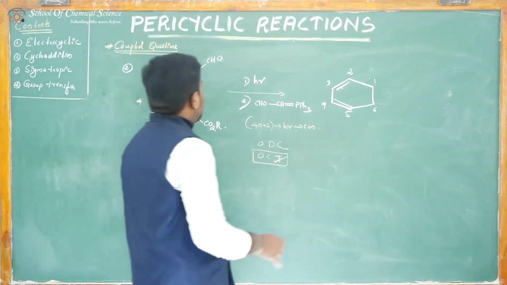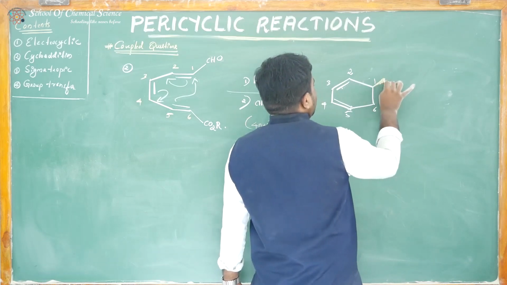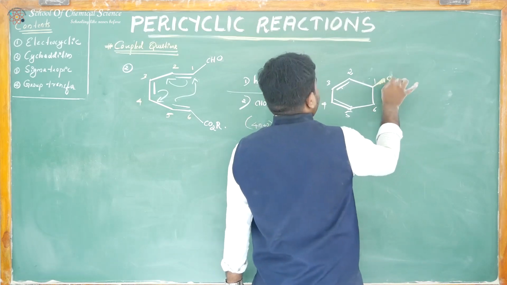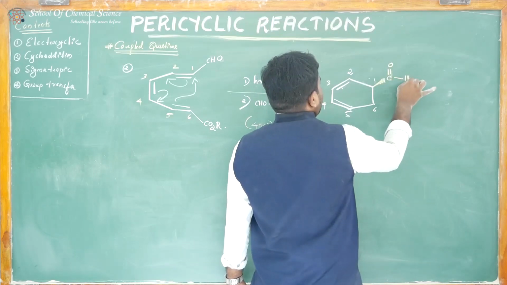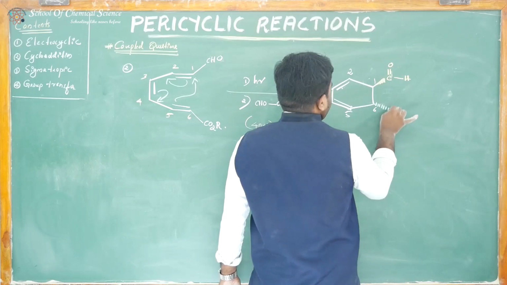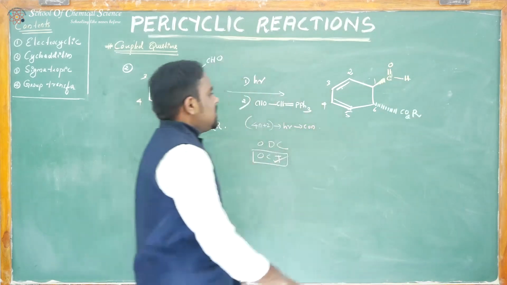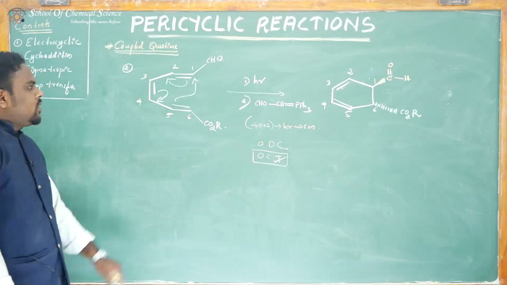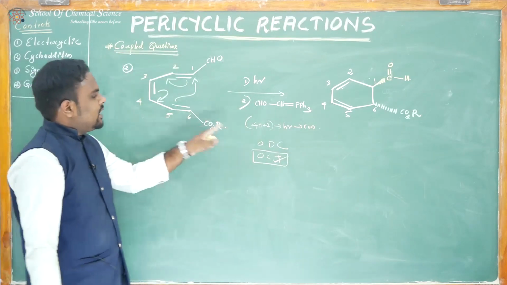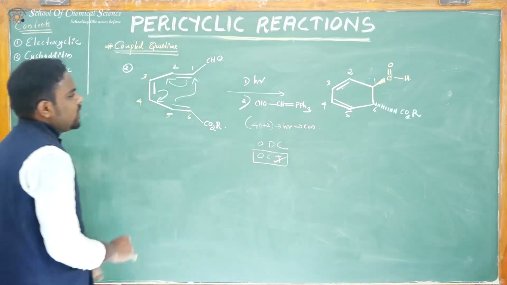So the first group is above the plane, then the second group will be below the plane, CO2R. Two groups are on opposite sides. Disrotation, definitely the stereochemistry of these two groups will be trans to each other.